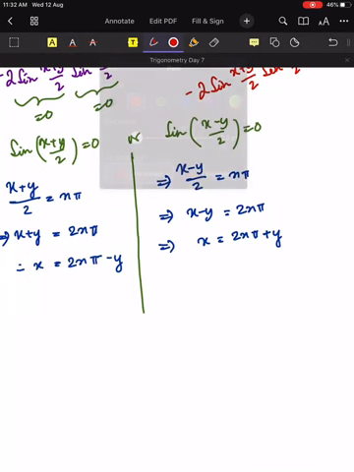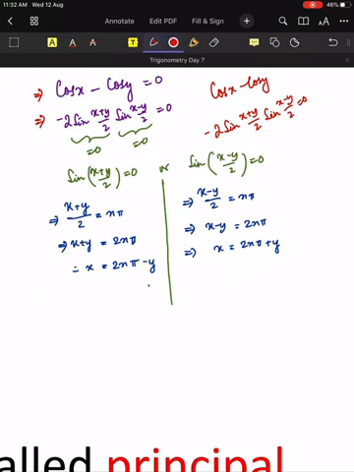Okay, now if I combine these two equations, what is different between these two equations? The different thing is that here it's plus, here it's minus. So if I combine these two equations, what I will get is x is equal to 2n pi plus minus y. So this is my general solution when cos x is equal to cos y.